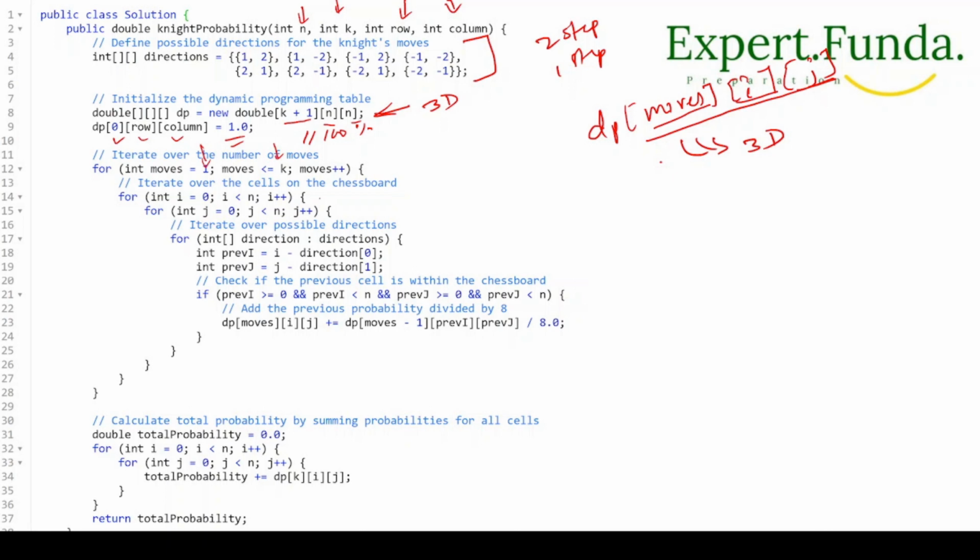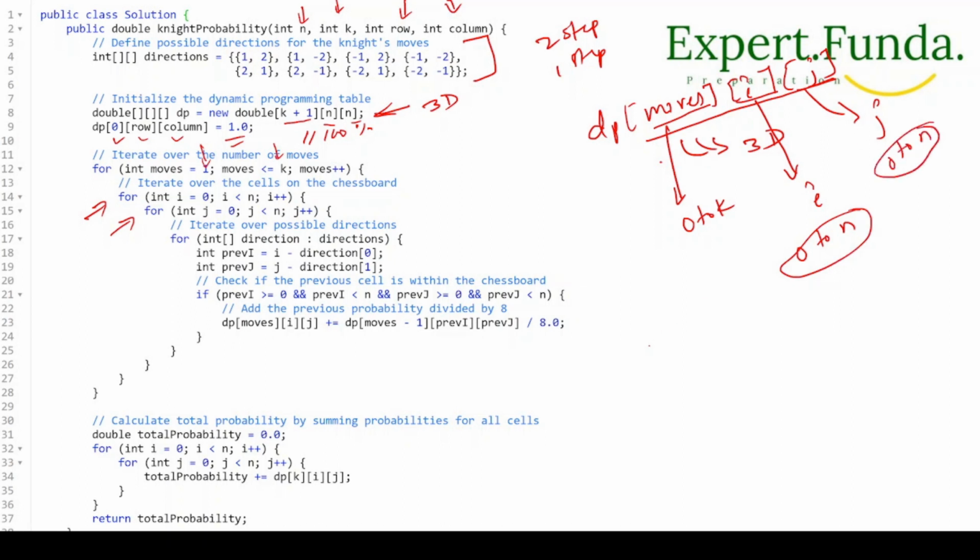For all the moves, i and j will start: i will go from 0 to n, and j will also go from 0 to n.